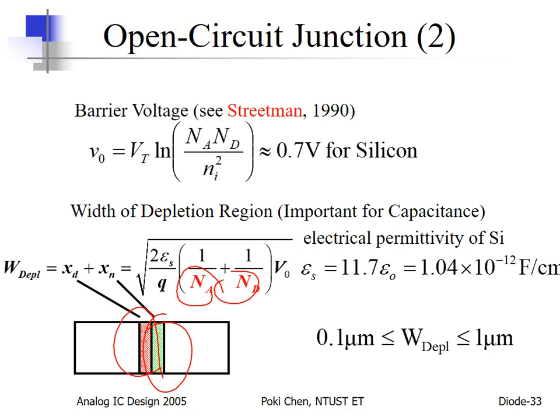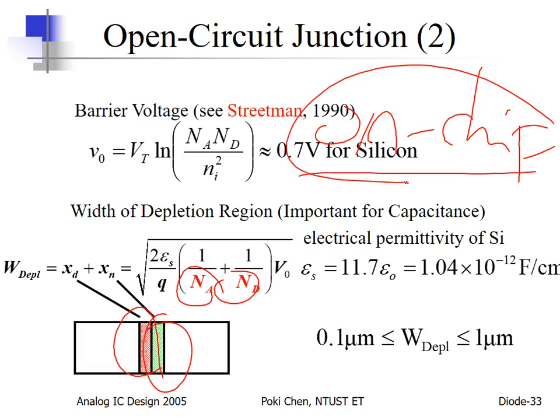In this way, if you would like to design some kind of on-chip solar cell, you had better take advantage of lightly doped layers, for example P minus, N minus.